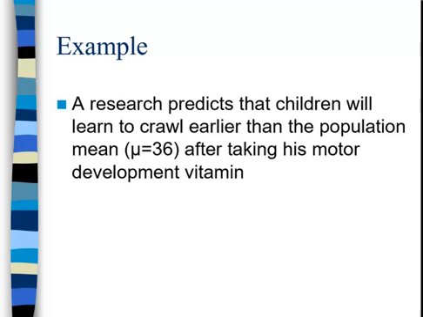To make it quite easy, look at whatever operator is in your alternative hypothesis in step one. If it's less than, then all of your alpha is going to go on the left side of the distribution, and if it's greater than, all of your alpha is going to go in the right side of the distribution.